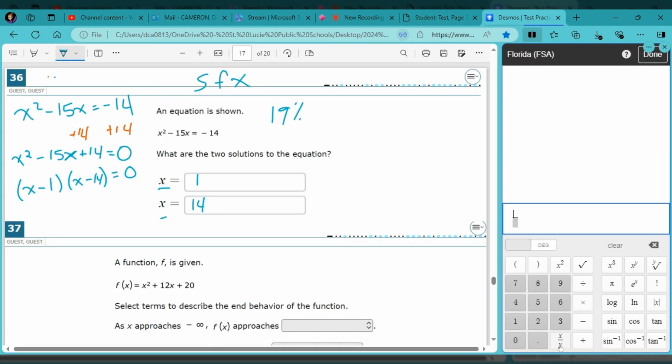It's a big old fraction, and on the top, it's negative b plus or minus the square root of b squared minus 4ac all over 2a. Okay, there's the formula from the reference sheet. I just typed it in.